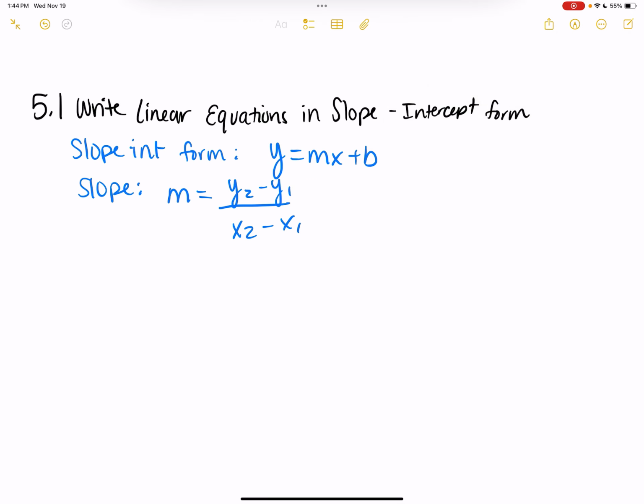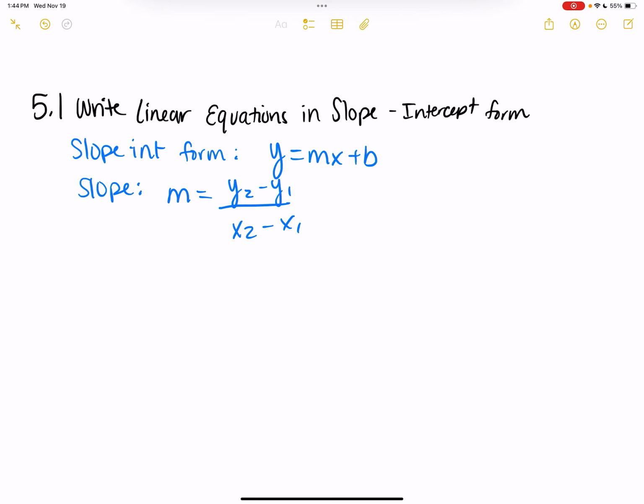So pretty much this whole chapter is writing equations of lines in different forms. This first section is writing it in slope-intercept form. They're going to tell you this is the slope, this is the y-intercept, and we're literally just plugging those values into the equation. Super easy. Or they're going to give it to you as a graph, and they'll ask you to say what the equation of that line would be.